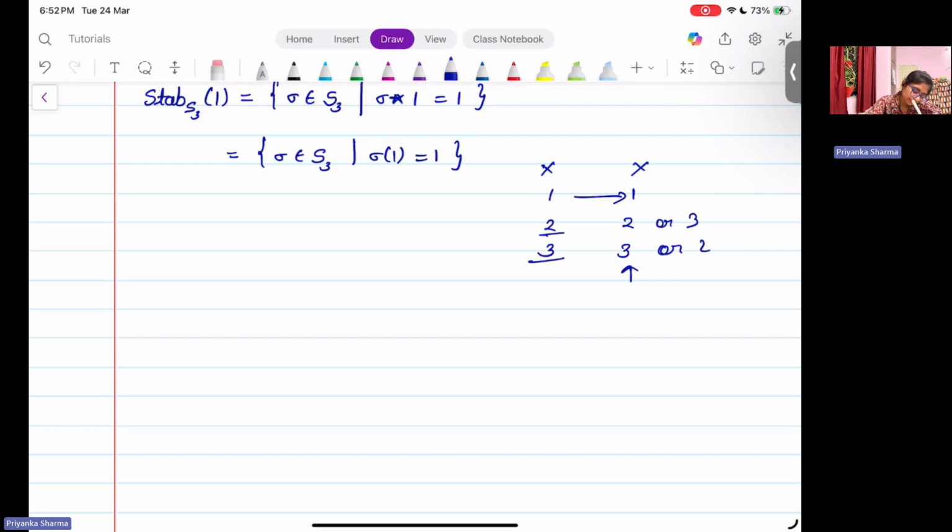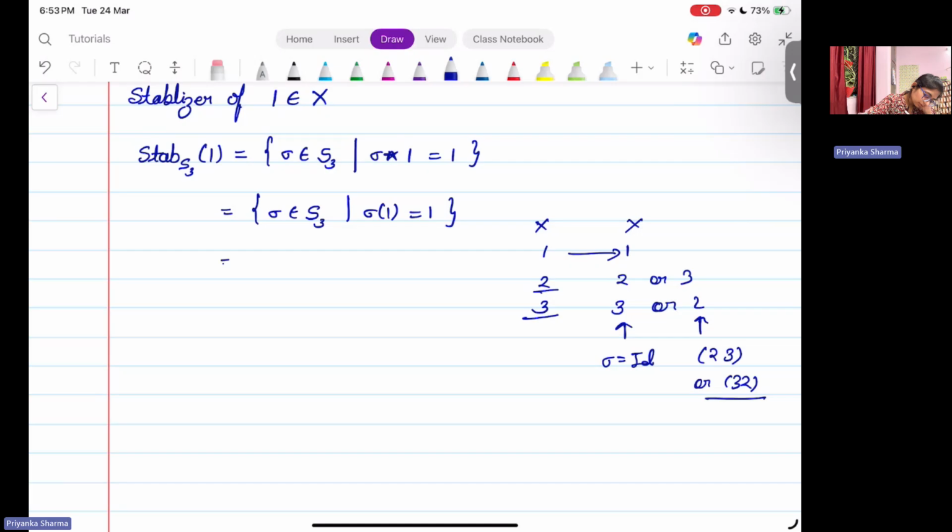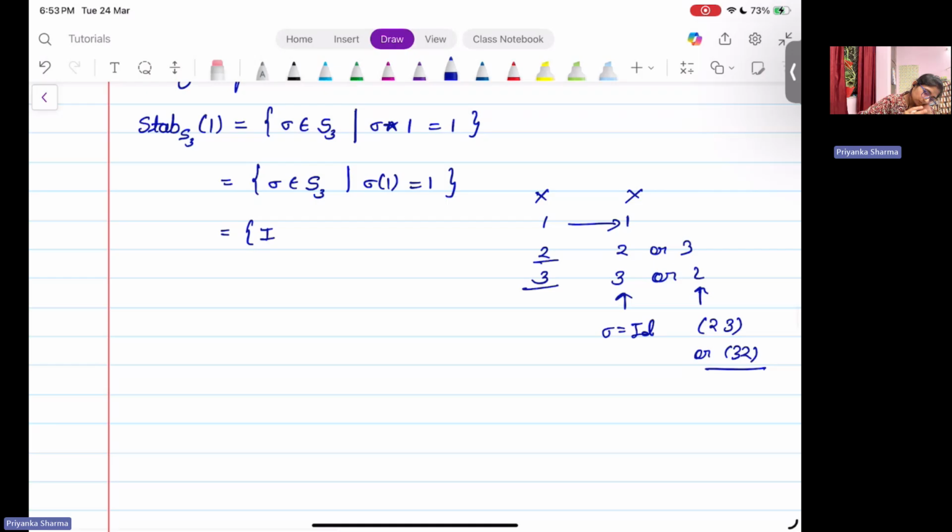If we have this, then obviously this sigma will be the identity map, and this one: here 1 is fixed, 2 is mapped to 3, and 3 is mapped to 2. So this is the same as writing (2 3) as a cycle. So this will be the set of these two elements, identity and (2 3).